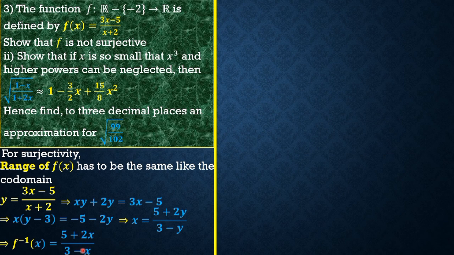The domain of this function has to be the set of all real numbers excluding 3, because the denominator should not be 0, and 3 for x makes it 0.